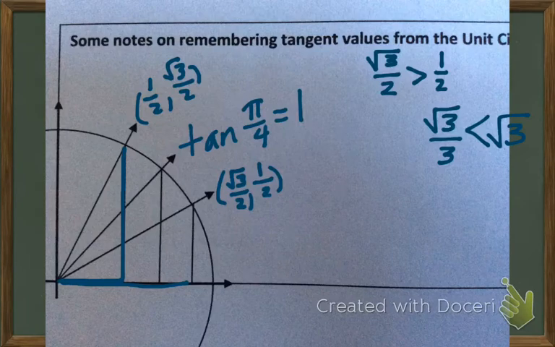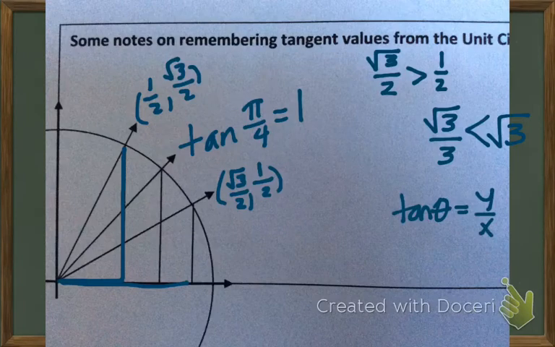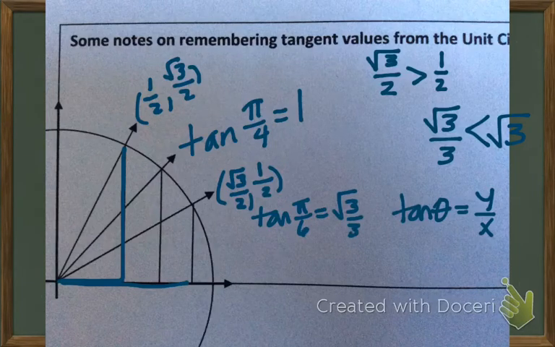And that is that since tangent of any angle is equal to y over x, at this point, at pi/6, that means that our y, which is 1/2, is on top of our x, which is the square root of 3 over 2. So that would tell us that at this angle, that is the tangent of pi/6, this has to be the square root of 3 over 3 because the smaller number's on top.